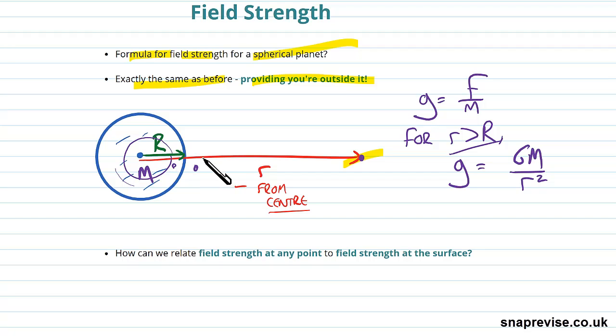And it produces a very different characteristic, because you might think, well, if we've got this formula where it's over r squared, what happens as r goes to 0? Does g just go to infinity?